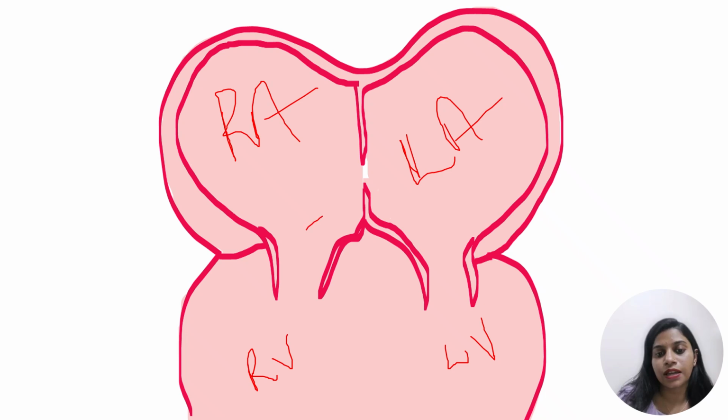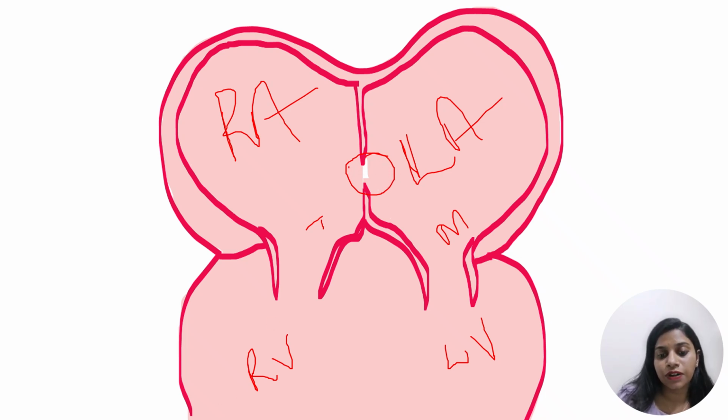This is the tricuspid valve and this is a mitral valve. Okay, so you guys can see this. There is a small discontinuity in the interatrial septum. This is almost center. So this is known as ostium secundum ASD. Okay, this will be the place where the ostium secundum ASD can happen.